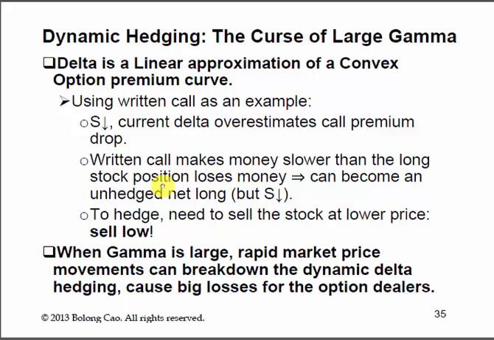But now, because delta is not such a good approximation, the call value didn't go down that much. So the liability declined a little, the asset declined more. This can become an unhedged net long position.